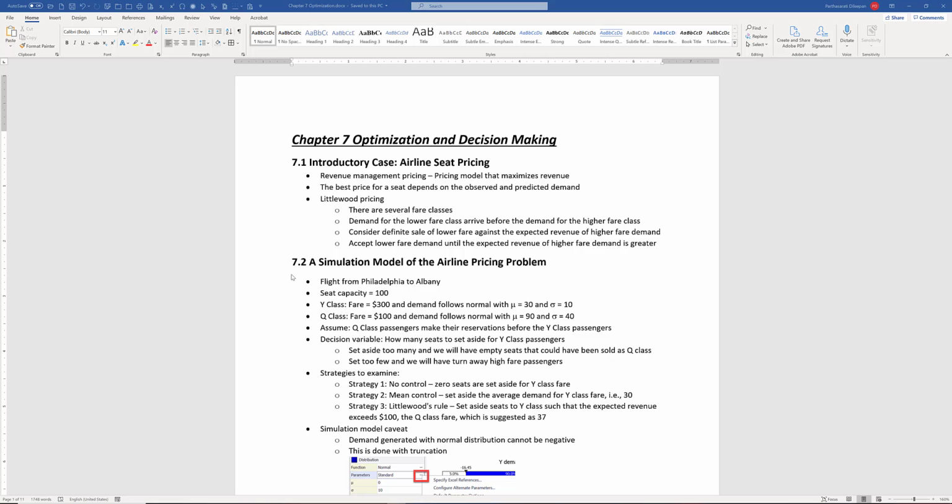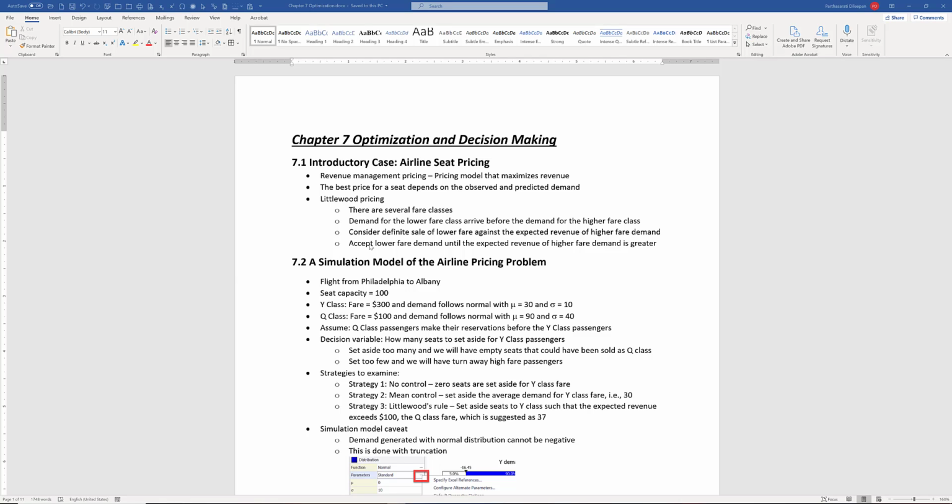So that means because the lower fare demand comes early, now the question is, do we sell a given seat at the lower price, or do we keep it aside in the expectation that that seat can be sold for a higher price at a later time? So that is the dilemma, that's the trade-off that we are looking at.